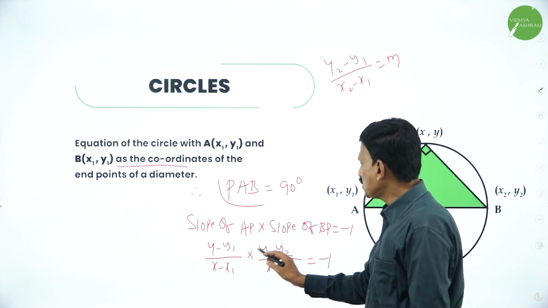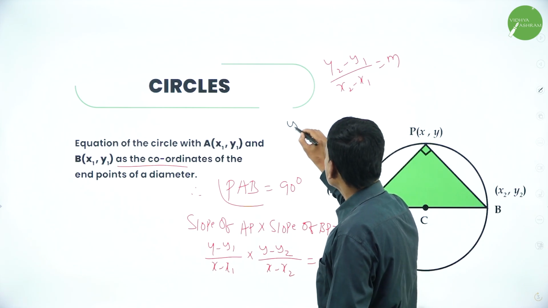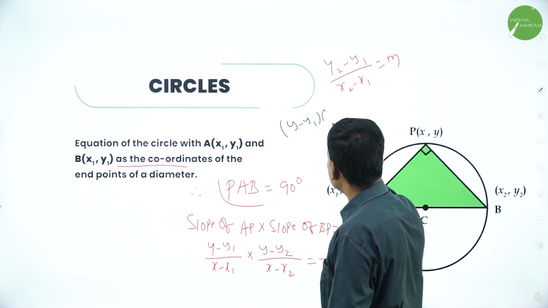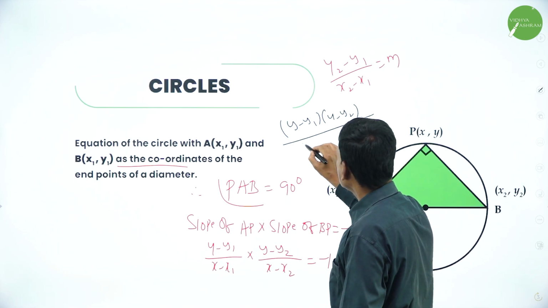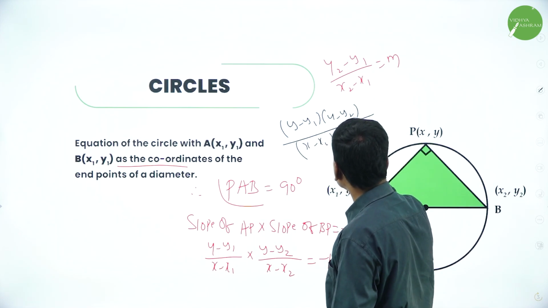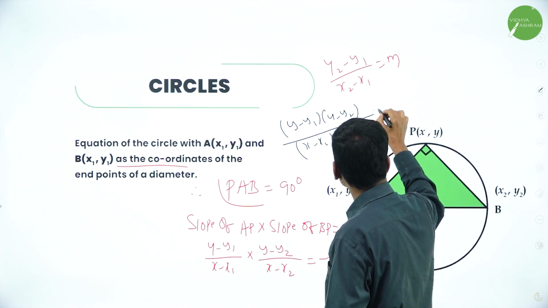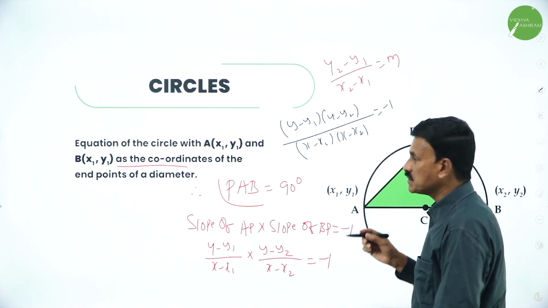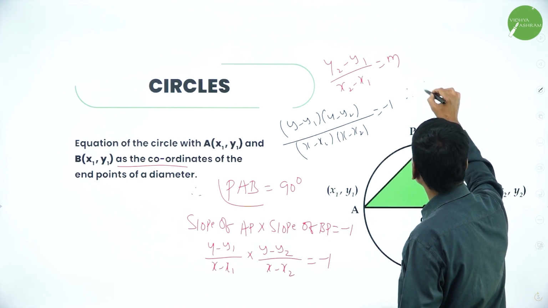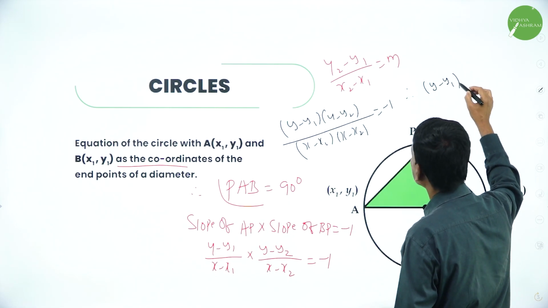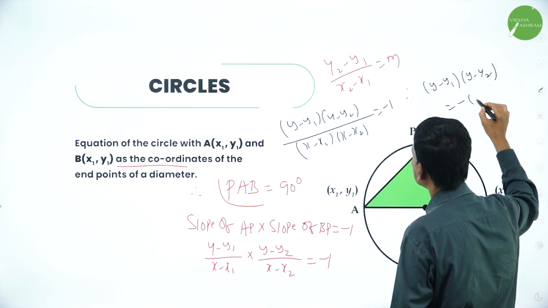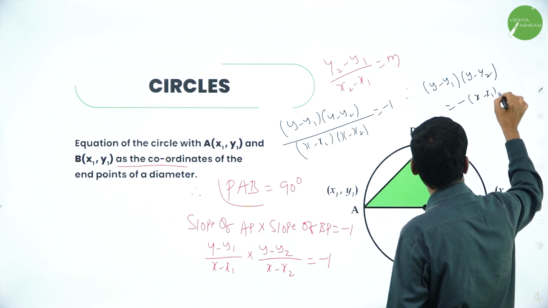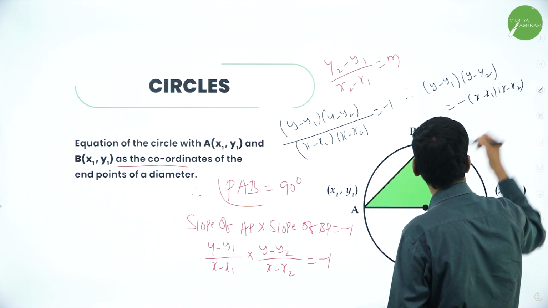Now just multiply the numerators: y minus y1 into y minus y2 divided by x minus x1 into x minus x2 is equal to minus 1. Cross multiply this. So what we will get? Therefore y minus y1 into y minus y2 is equal to minus of x minus x1 into x minus x2.